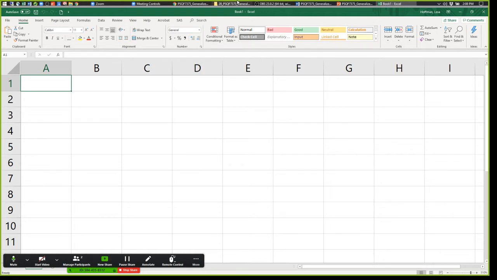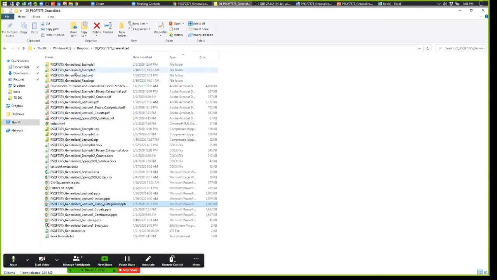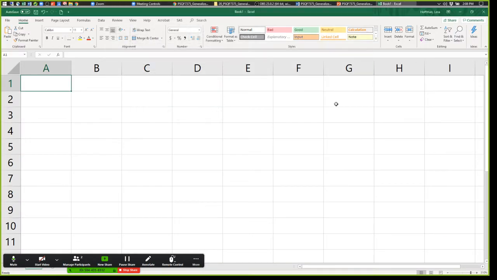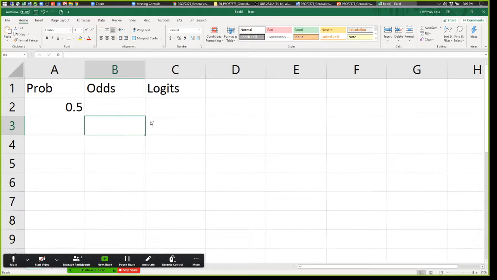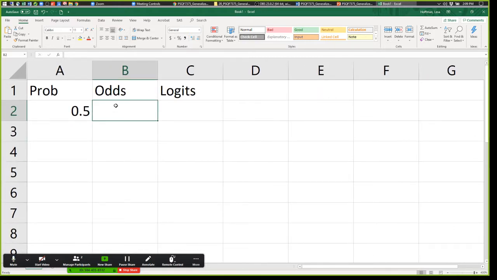So let's do this. I have something like this actually in your example 1, but I'll just do it from scratch here. If I have a probability, I go to odds, I go to logits. Okay? Do you remember the formula? How do I get odds? How do I go from probability to odds?